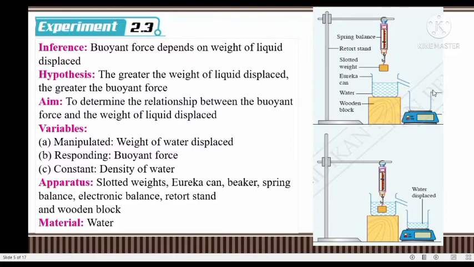Then we have an empty beaker. Weigh the empty beaker and record the mass. Next, immerse the slotted weight fully in the liquid. You can see the water will spurt out from the spout. Record the mass of the water displaced in the beaker.